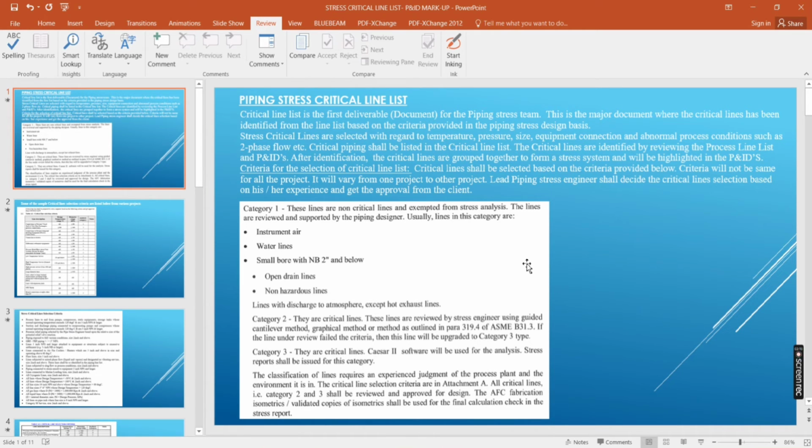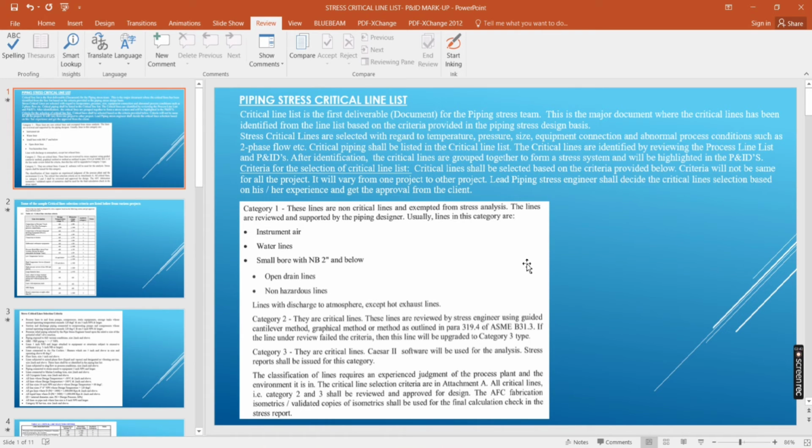These category 1 lines will be reviewed by the piping layout team, or finally by the piping stress team. It doesn't require any pipe stress analysis. Based on the pipe support standards they provide the support, and we will check the isometric drawing, finally recording the support type. This is category 1.